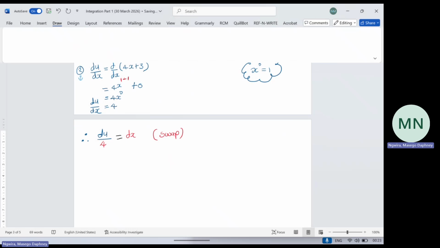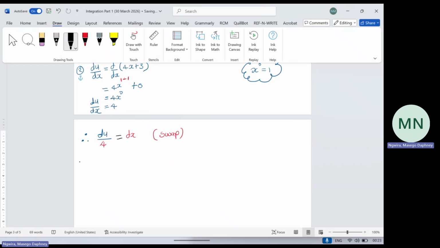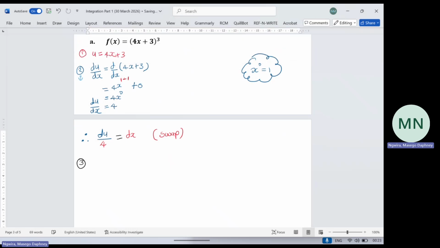Step number 3, now we're going to start. The integral of our f of x, which is the integral of 4x plus 3 to the power of 3 dx.